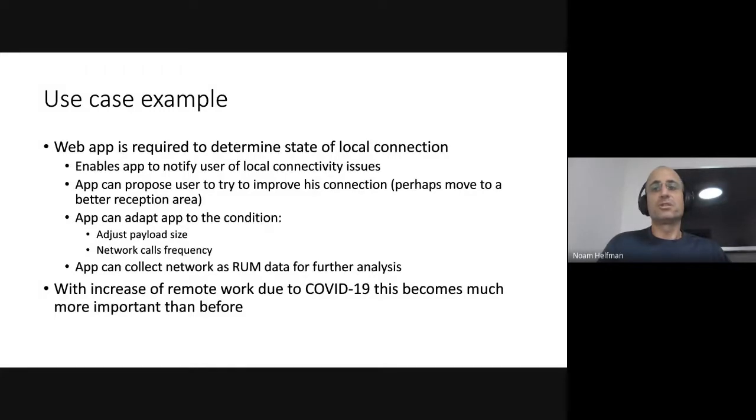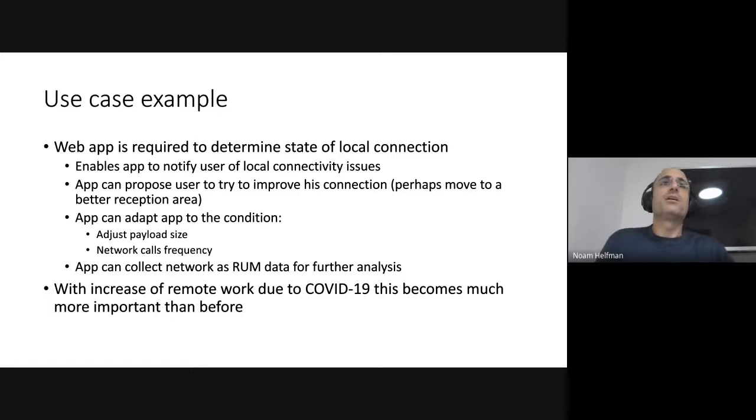It's really hard to determine if the users have local connectivity problems, or it's a problem with the ISP, or a problem with our network, or anything in between. It's really impossible to tell. So at least if we can tell the user they have a local situation, they might be able to move to a place with better reception, reboot their router, or do whatever troubleshooting they can to fix the situation.